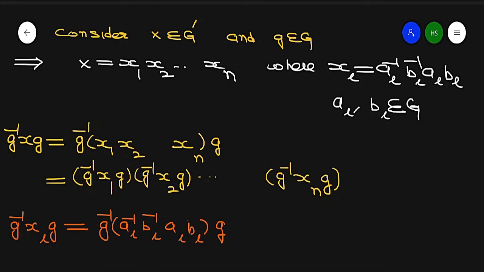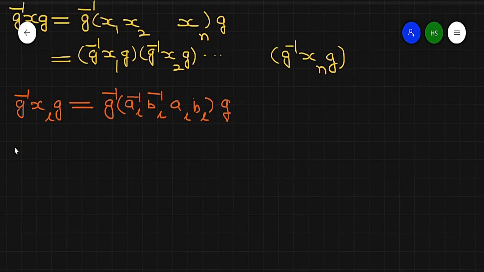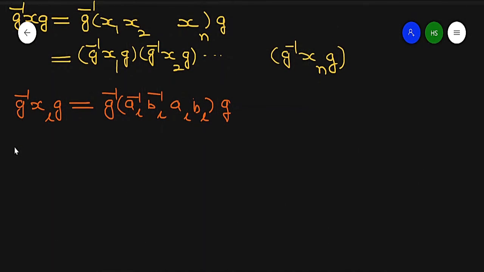Now to prove that it is a commutator of the group, this can be written as follows. First g inverse ai, and then g inverse ai inverse g, and here g g inverse acts as identity. So it will become g inverse ai g.